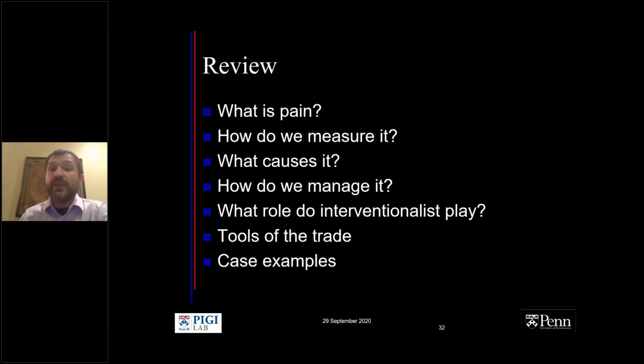Some of the tools for the trade, including the neurolytic agents that are used for temporary pain relief, as well as the more permanent ones like alcohol and phenol, as well as things like thermoablation, like cryoablation, radiofrequency ablation, and microwave ablation. We talked about some of the more advanced techniques like cementoplasty and kyphoplasty for treating fractures in the spine, and just generally talked about some case examples.